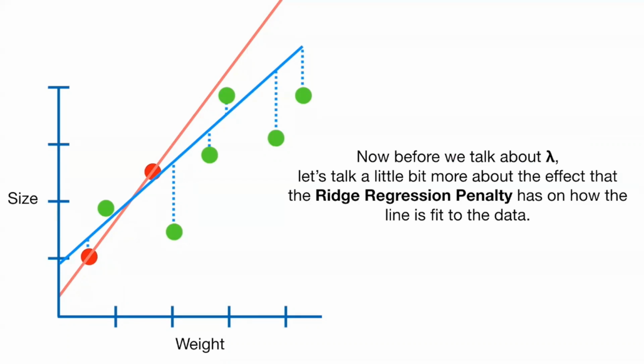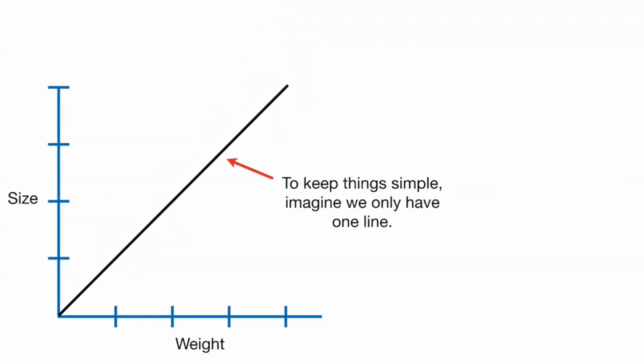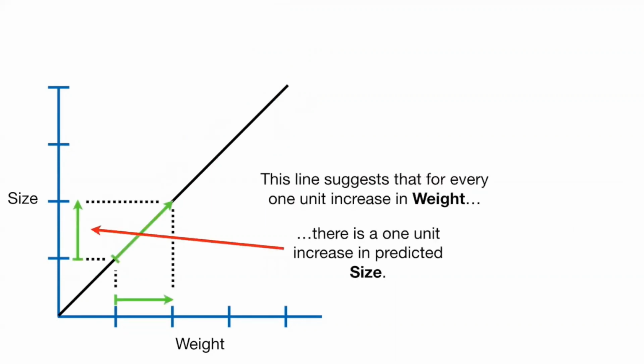Now we will look into how the ridge regression penalty affects the particular line or the data. If we want to keep things simple, we imagine that this is the best line for us, and you can see the difference in the weight here and the difference in size here.